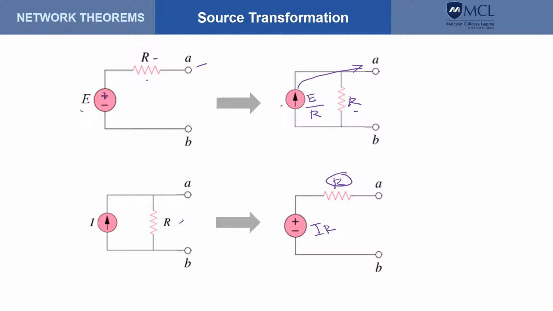Take note that the plus sign of the voltage source is facing terminal A because the current here is pointed to terminal A.